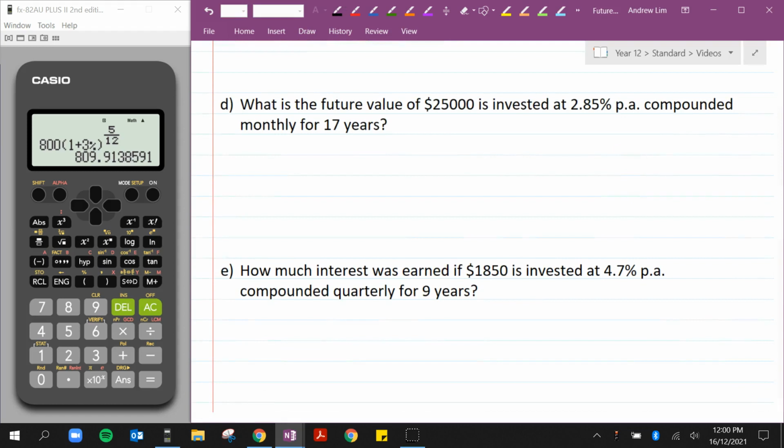Question D. What is the future value if $25,000 is invested at 2.85% per annum, compounded monthly for 17 years? So formula, future value is equal to present value times 1 plus r to the power of n. $25,000 is invested, that's my present value.